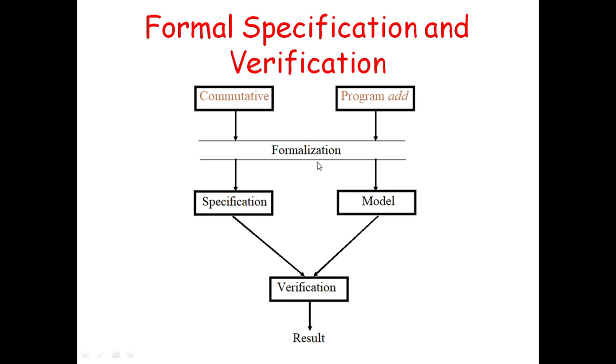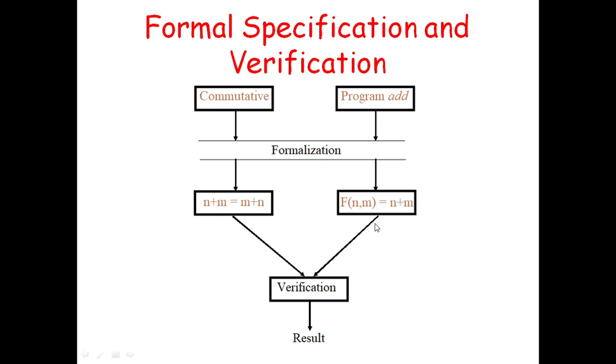After formalization, a formal model of program 8 is created. This can be as simple as this function. And similarly, the requirement, which is the commutative property in this example, is formalized like this.